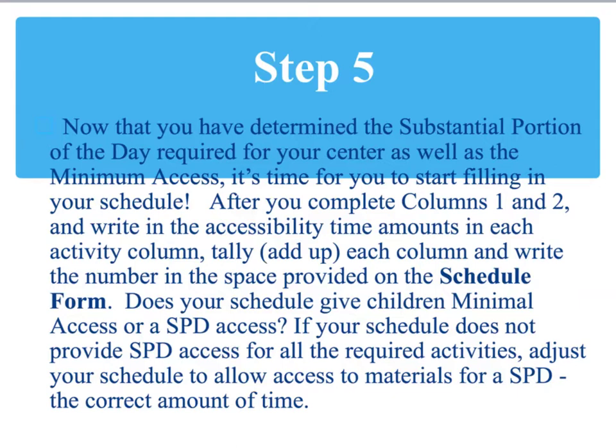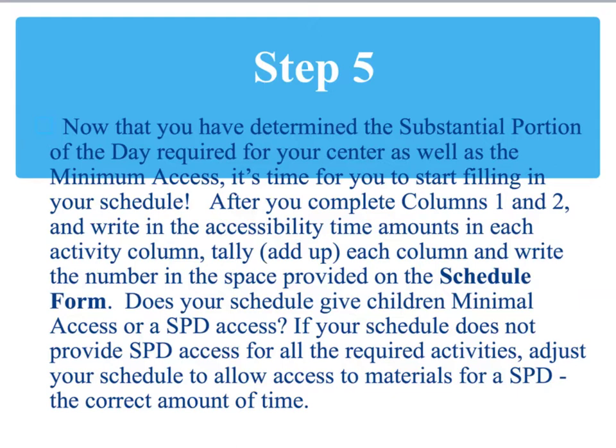One thing that is important to note is that it is perfectly fine to go over the substantial portion of the day. So for instance, with our 4-hour example, it's fine if they have 1 hour and 40 minutes instead of the 1 hour and 20 minutes, but they are not going to get credit for substantial portion of the day if they only have an hour.